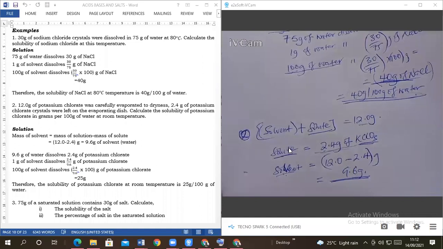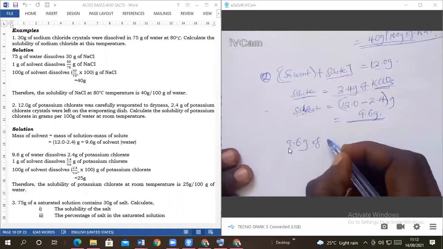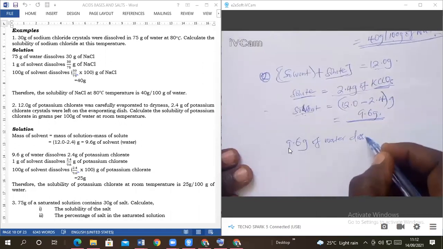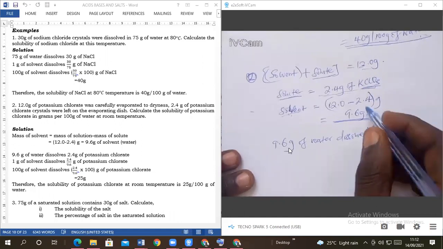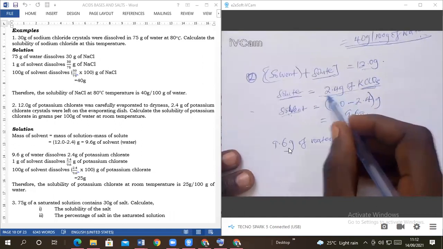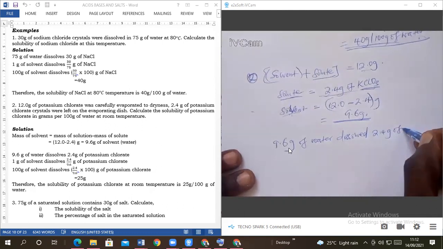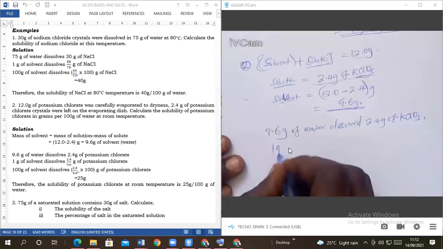So you write the statement starting with the solvent. You say 9.6 grams of the solvent, what was the solvent? Water. Dissolved what? Dissolved 2.4 grams of potassium chlorate. What about 1 gram of water?